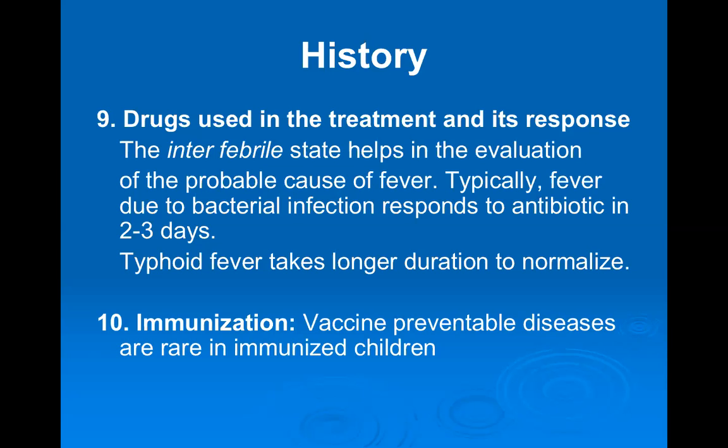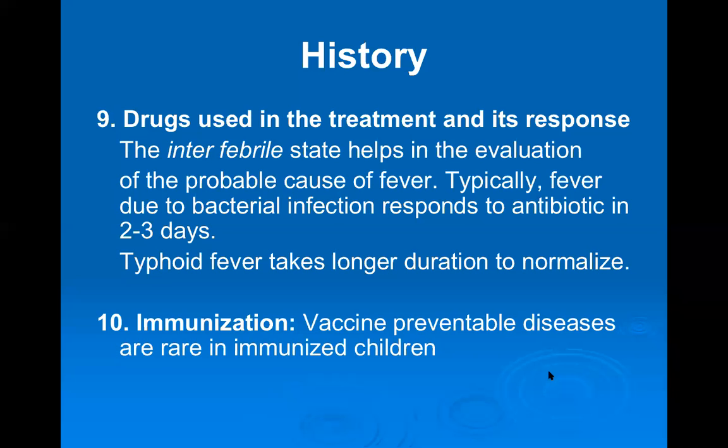So we should ask a question, and how to ask the question, isn't it? Sometimes the mother may be illiterate. The mother may not know the name of those vaccines. So how to take the history? Very easy. You simply ask, did your child get all the vaccines according to the age or not? Did you go to the vaccination center when the doctor called you or not?